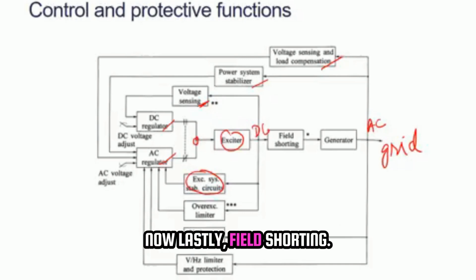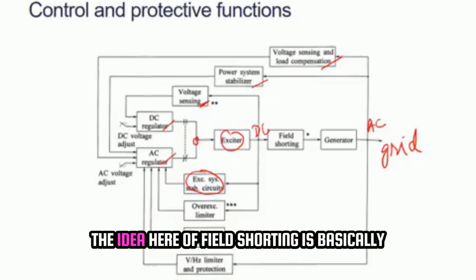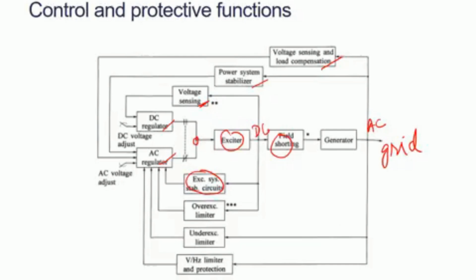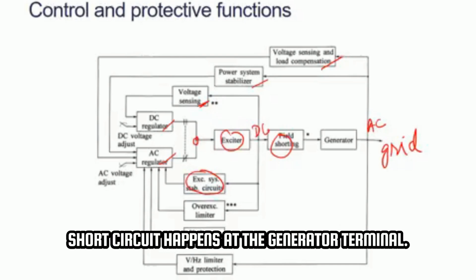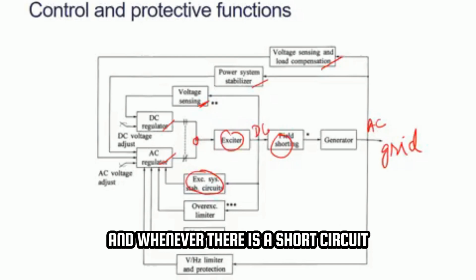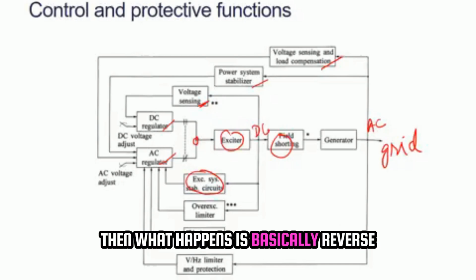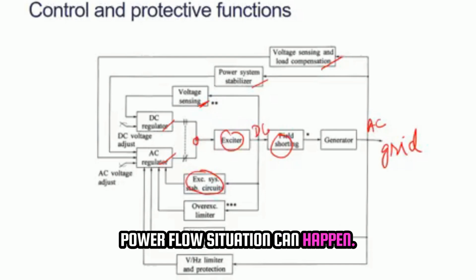Now, lastly, field shorting. The idea of field shorting is that this happens when, let's say, a short circuit happens at the generator terminal, and whenever that happens, a reverse power flow situation can occur.